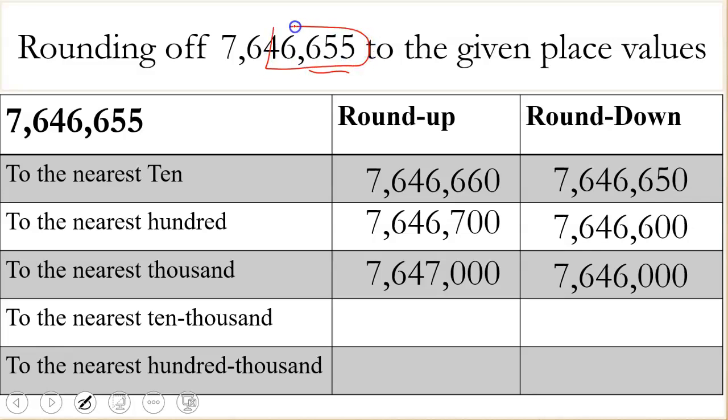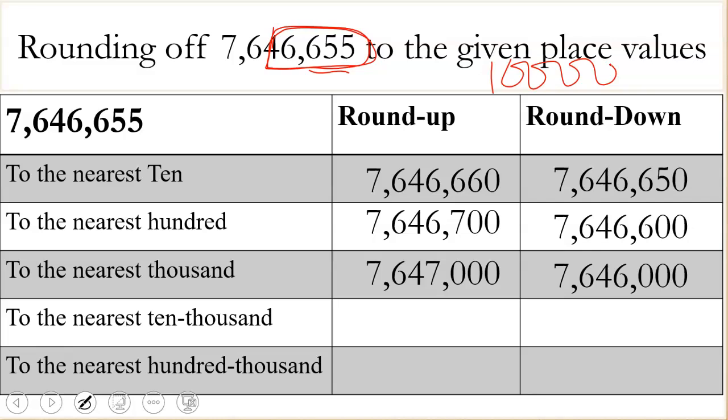This way we can see our 10,000, because in pronouncing only this part of the number, you will say 46,655. So we're talking about 10,000s. 10,000 comes like 10,000, 20,000, 30,000, 40,000, 50,000, and so on.